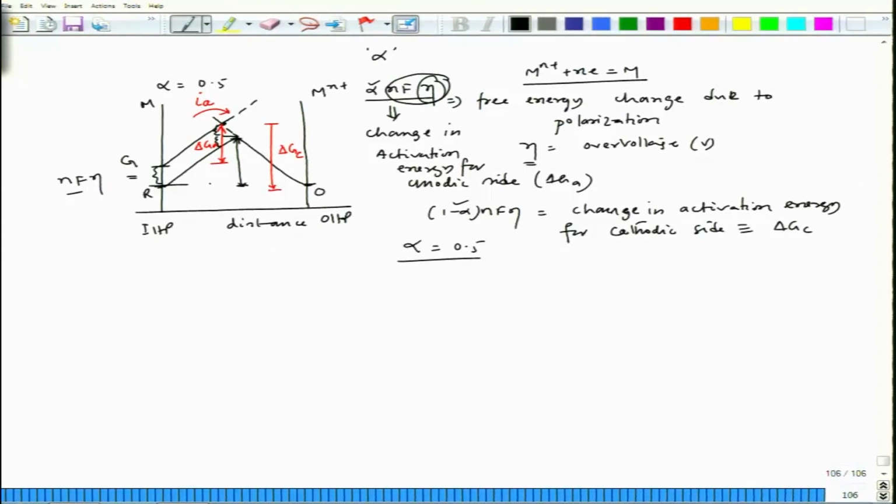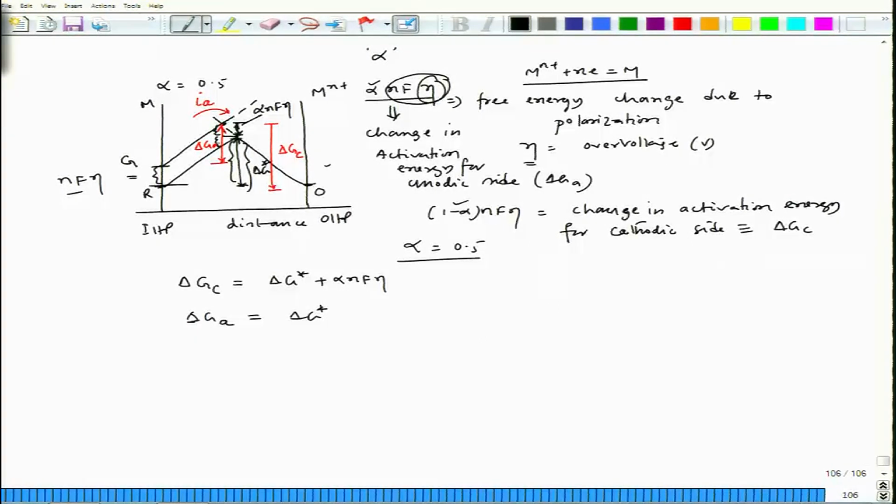Now, after this distribution, when I A is higher than I C in this particular situation, you could see that delta G C would be equal to delta G star, which is this one, this is delta G star plus alpha nFη, because this height plus this one is basically constituting delta G C, whereas delta G A would be equal to delta G star.